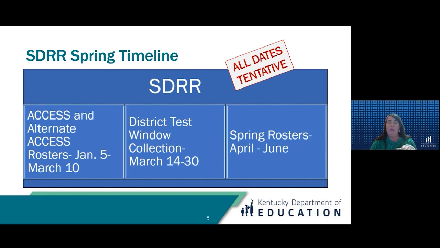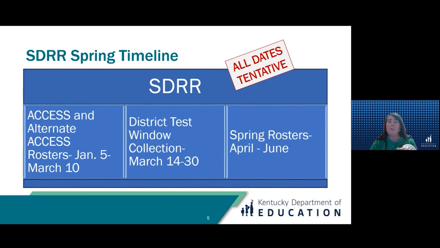Then that will close. And then on March 14th through the 30th, you will have the district test window collection that I was talking to you about on the earlier slide. As a DAC, you'll be able to go in and put your elementary, middle, and high school, and we'll have a screenshot of what that will look like further in our presentation.